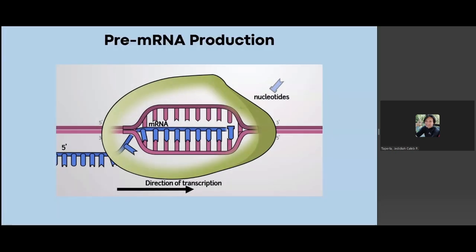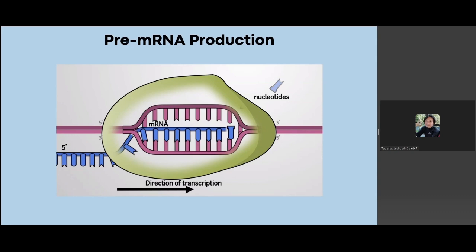Then after this step, the RNA polymerase unwinds a short stretch of DNA upstream of the transcription site. And once the initiation stage has started, the transcription factors are released and the elongation begins. RNA polymerase will begin to produce a new strand of mRNA using the template strand as the guide.